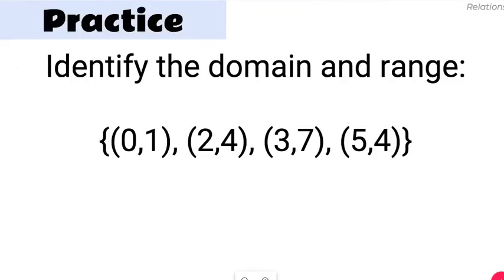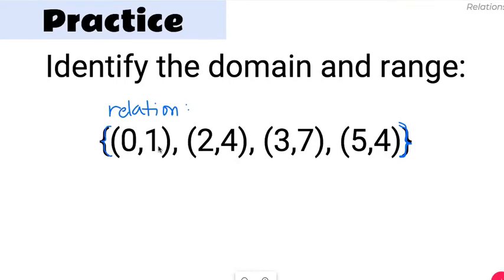So let's do a little practice. Identify the domain and the range. What you're given here is a list of ordered pairs. This is your relation. You'll see the relation is listed with these little brackets. The bracket holds the set of ordered pairs. These ordered pairs have some sort of relationship.